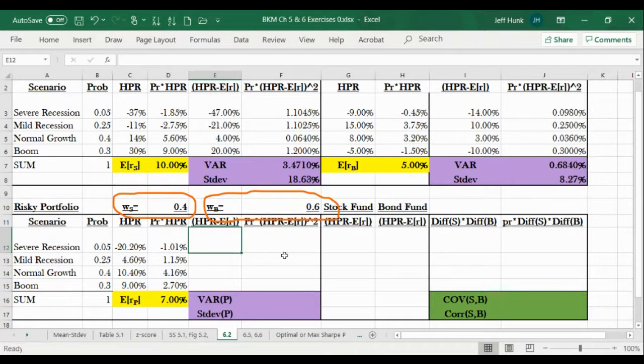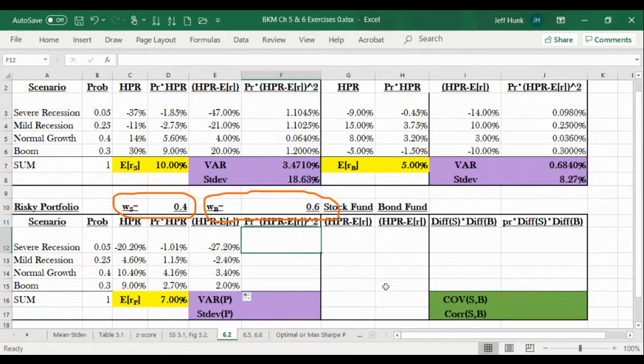And then to find the variance, I'll have to take the difference terms. This is the holding period return, and this is our expected return on the risky portfolio. I'm gonna have to lock it by hitting F4, right? So let's drag it down. And there you go.